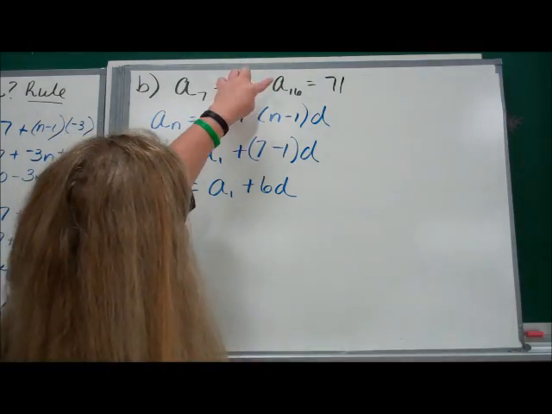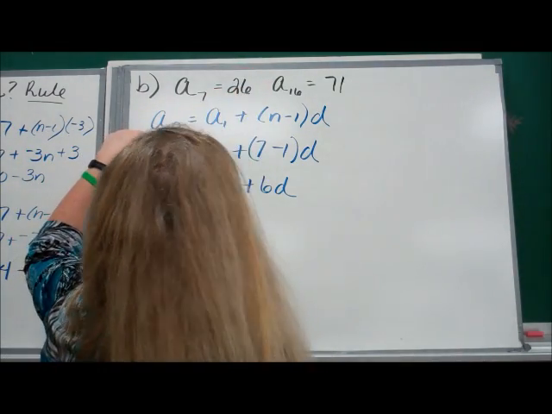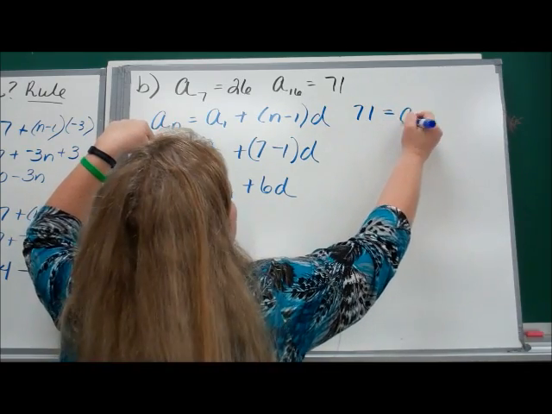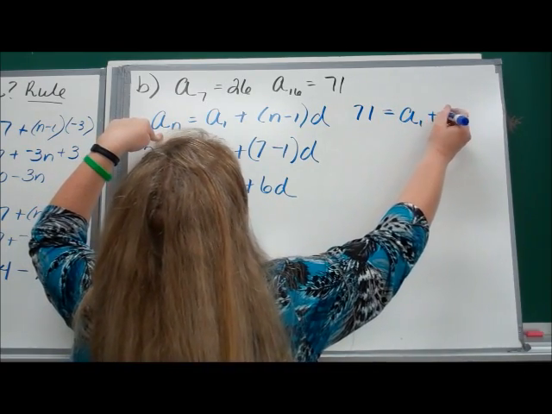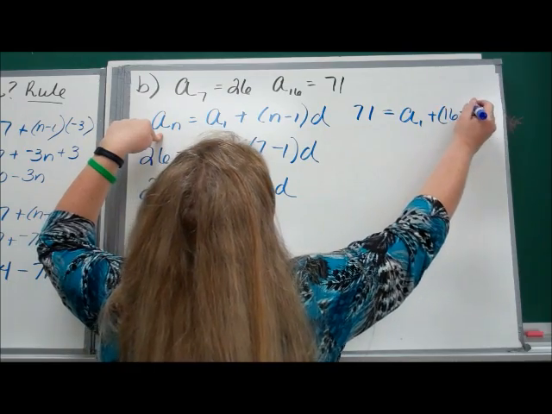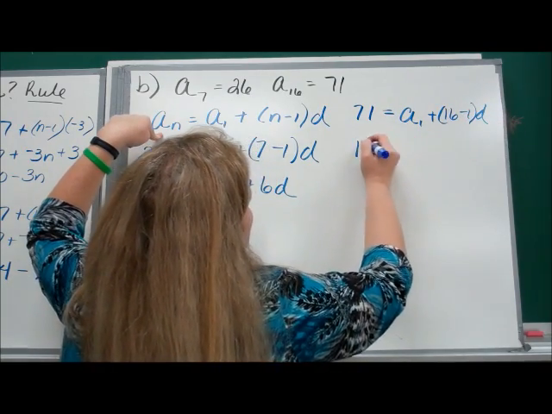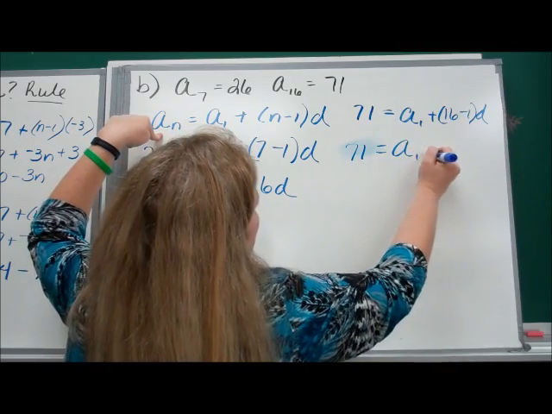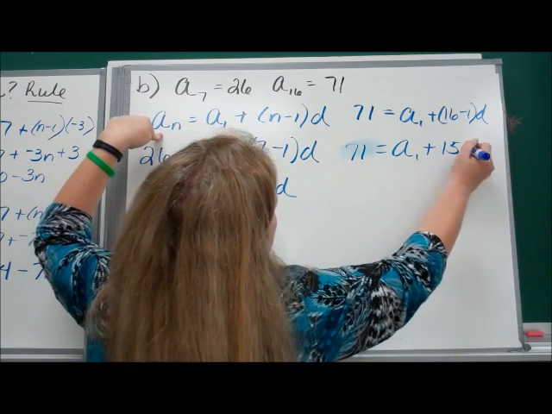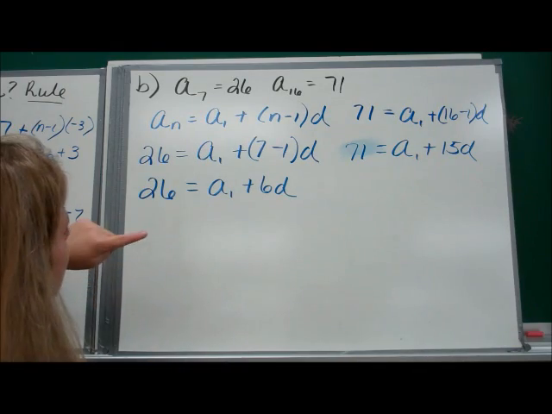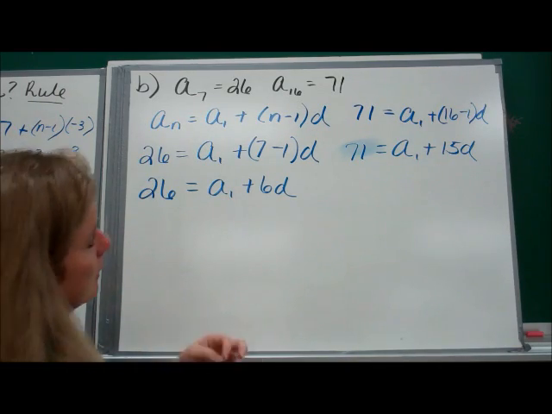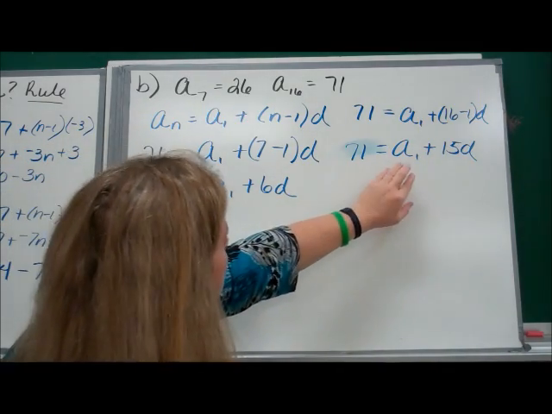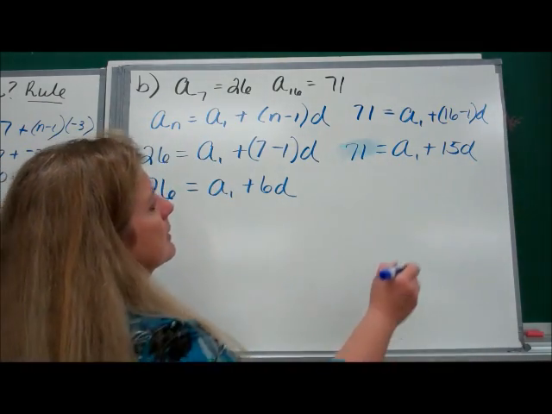Now take a16 and do the same thing. We've got 71 equals a sub 1 plus 16 minus 1 times d, so 71 equals a sub 1 plus 15d. Now we make a system of equations. We can do one simple subtraction and get the first term by itself.